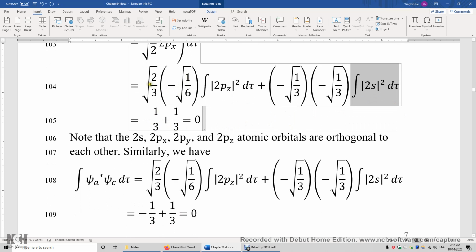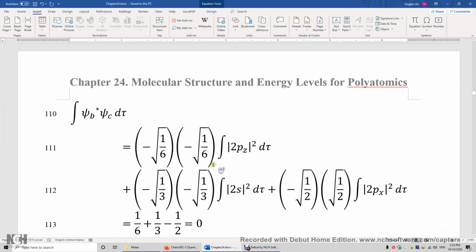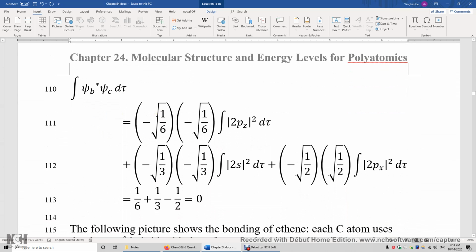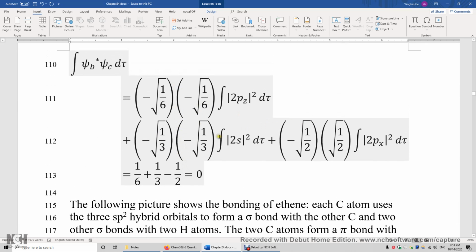Therefore, the result is this product, negative 1/3, plus this product, which is positive 1/3. The result is 0. Well, we can also prove psi a and psi c are orthogonal to each other. Psi b and psi c are also orthogonal to each other. Those are the detailed derivations.